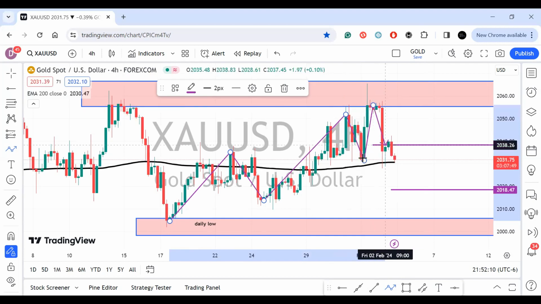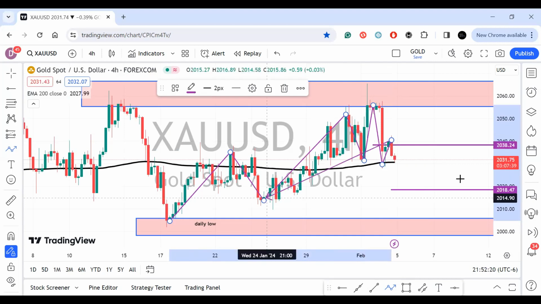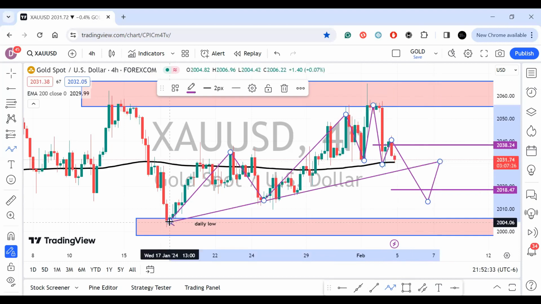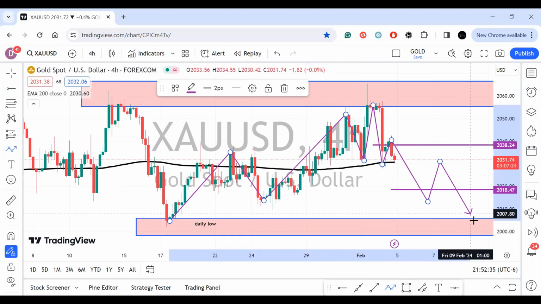So price actually came back to this zone on Friday. We had a pullback, so I kind of see price coming back to this low. I want to see price come here, then from here price might come back to retest this high, then from there finally come to our daily low.